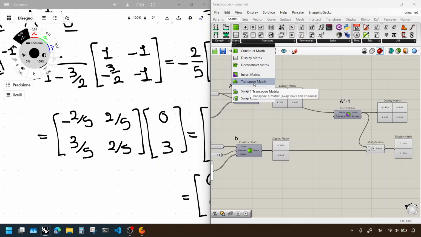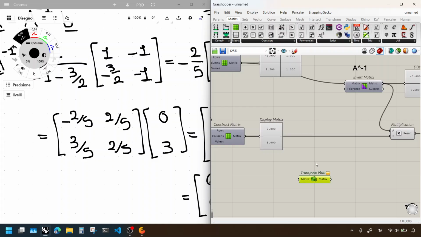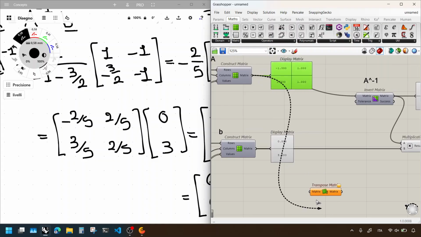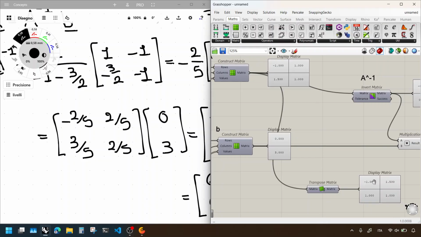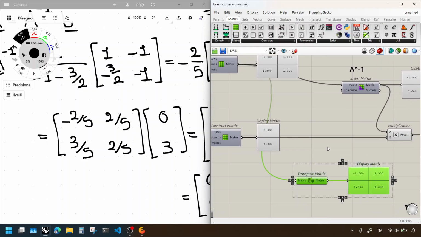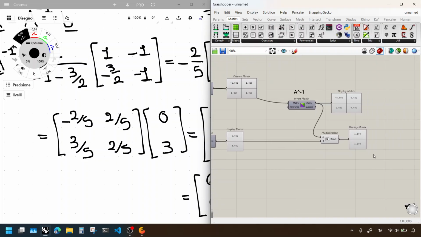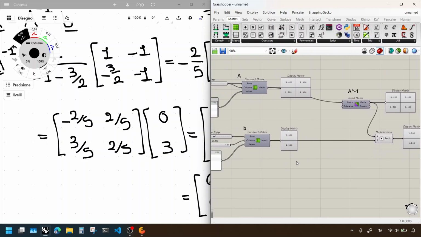And then transpose matrix. What is a transpose? I'll show it to you with this because it's very easy to understand. It's basically taking the rows and making them columns. So you see the first row became the first column. Yeah, okay, and the second row here became the second column there. That's just the meaning of the transpose matrix, which is useful in some situations, which we won't see today.